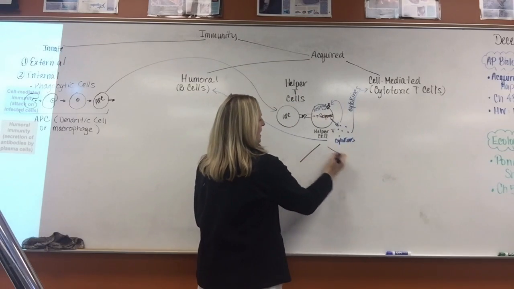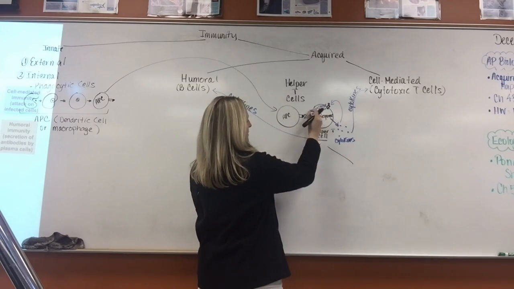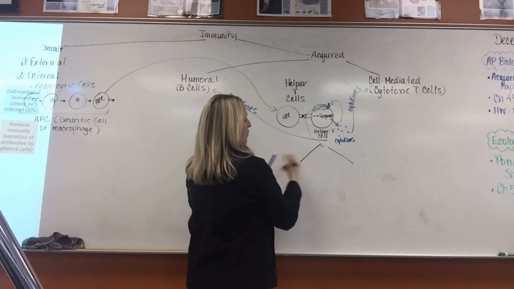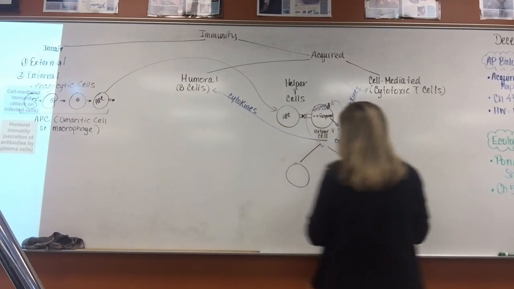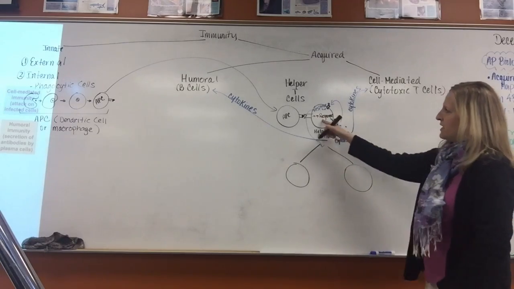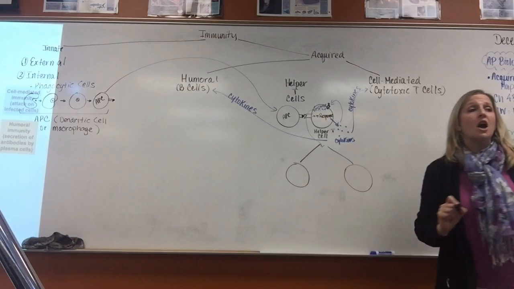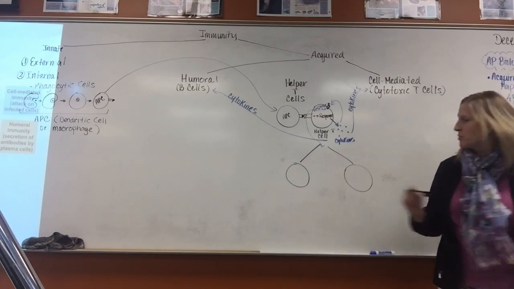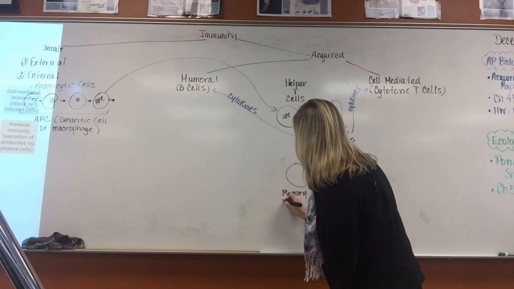So this response right here is that it clones itself, and then it differentiates into two types of helper T cells. One can be used later, so we call those memory cells. So we make more memory helper T cells.